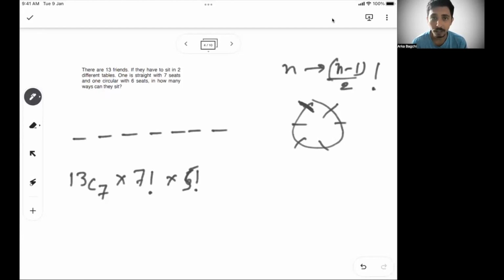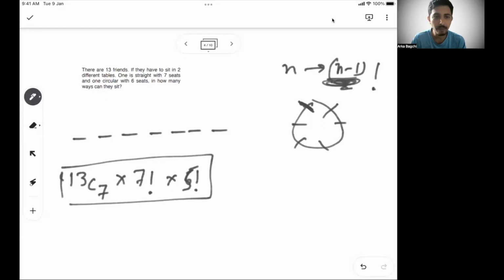But if it is not similar and not said specifically, then we will not consider this 2 and we will focus on only n minus 1 factorial for this problem. So this is your answer. First you have to choose 7 people out of 13 people, and for each of those choices, you have 7 people to sit at the straight table, so you can arrange them in factorial 7 ways.